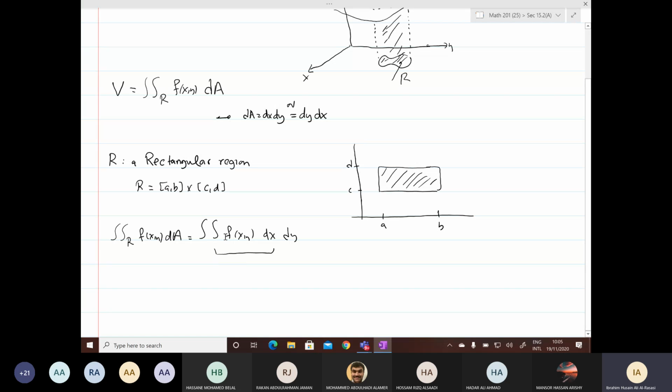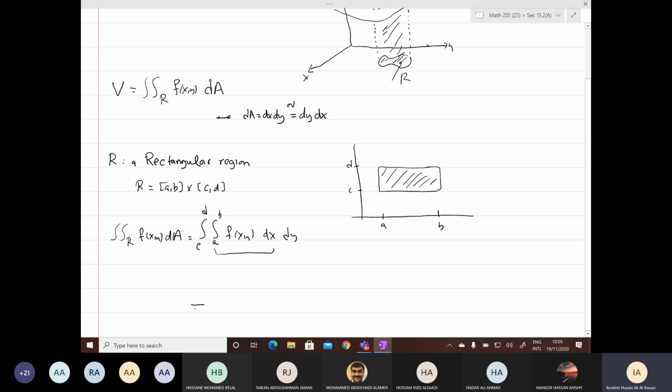The inner integral is with respect to x, so the limits will be x values. What are the x values of the region? They are the x interval from a to b, so I write a to b. The outer integral goes with the outer differential, which is with respect to y, so I choose the y values of the interval, c to d.